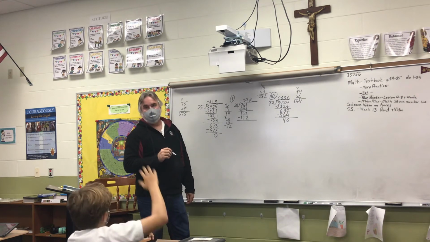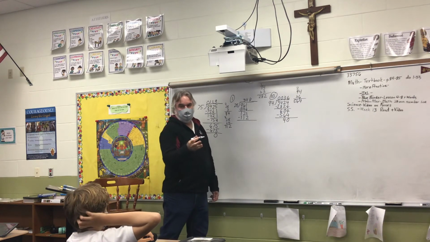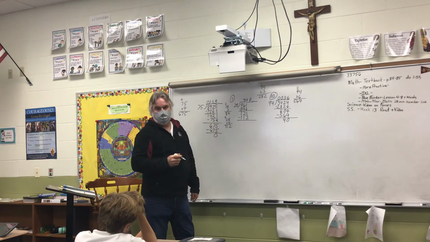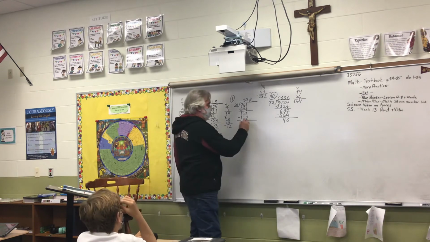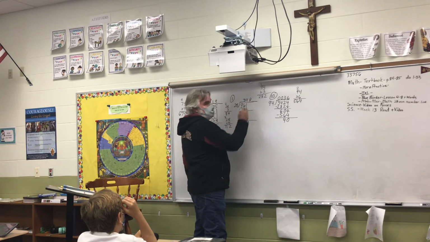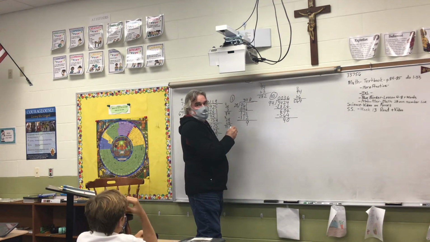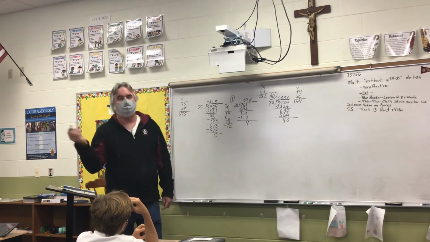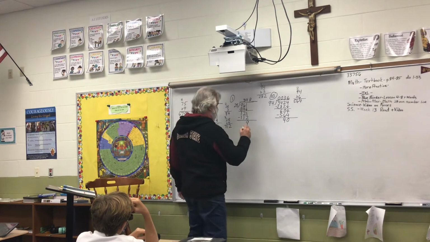And I get what? Andrew? What do I get? 9. Okay, so what's the 9? That's your remainder. Now, one of the kids in the other class said, well, can I do this?